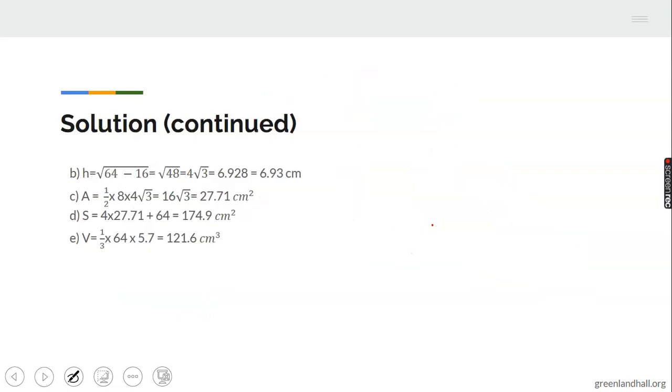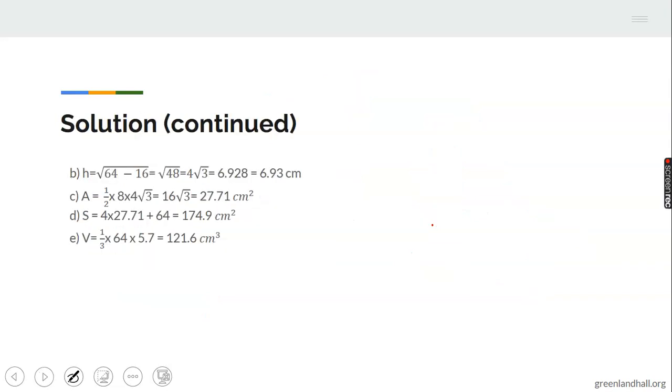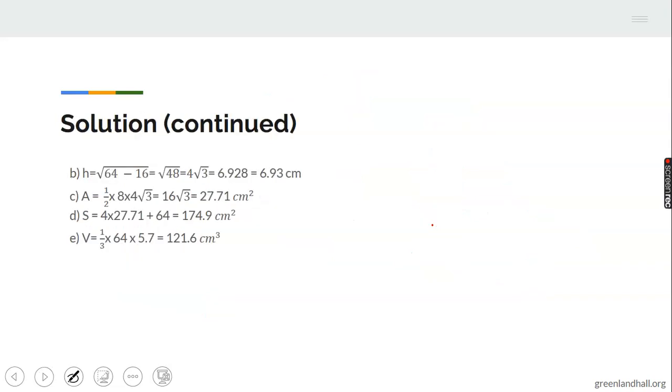So we now move on. Using Pythagoras theorem, we now have this. Yes, here is 4. So here is 4 in this right angle triangle. While here is 8.